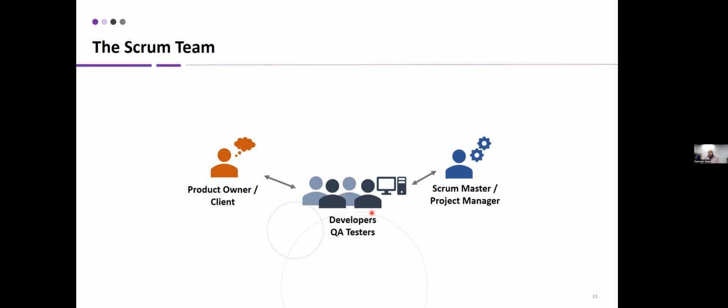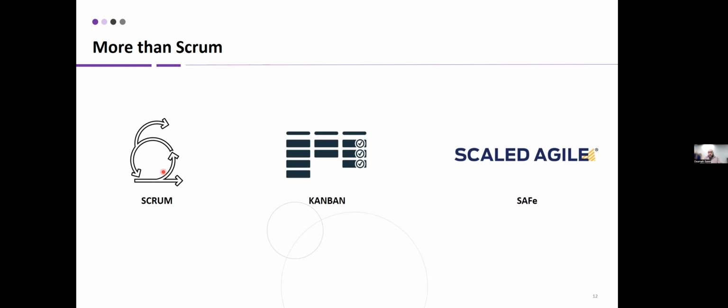Now, before I close off this part, Scrum is one of the frameworks that take the Agile values and put them in a structured way, but it is not the only one. You may hear something called Kanban. Kanban actually comes from Lean.